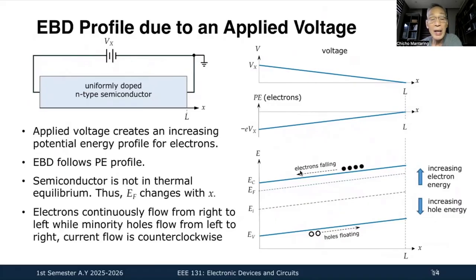So you can have band bending because of the non-uniform distribution of dopants, or you can also have band bending because you applied a voltage. Okay, we discussed that so that we can apply now these principles to a PN junction. That is what we actually want to do.